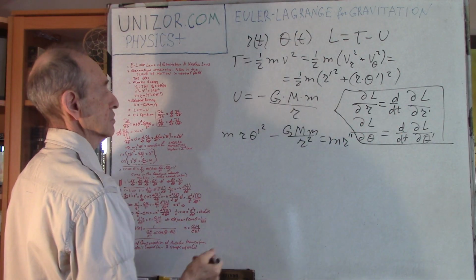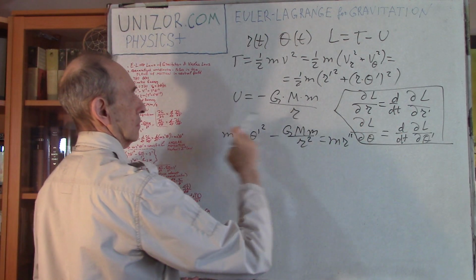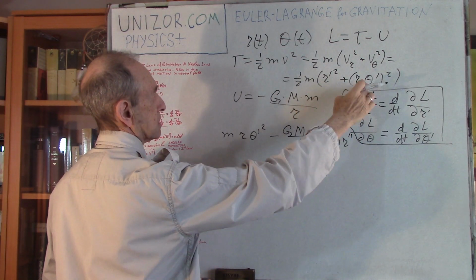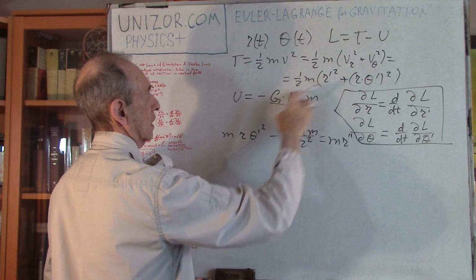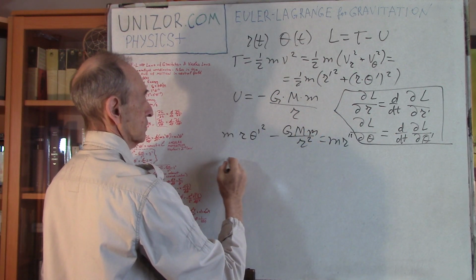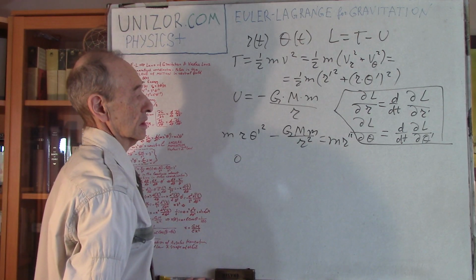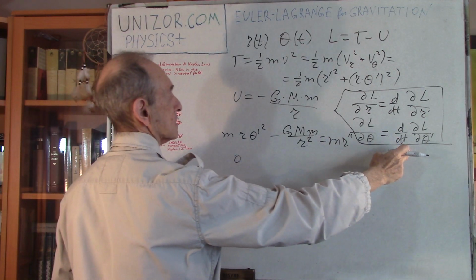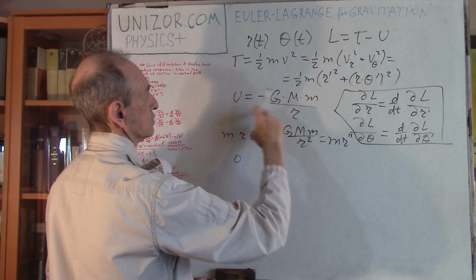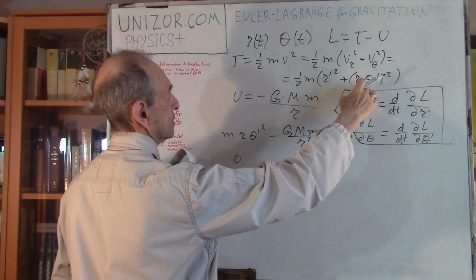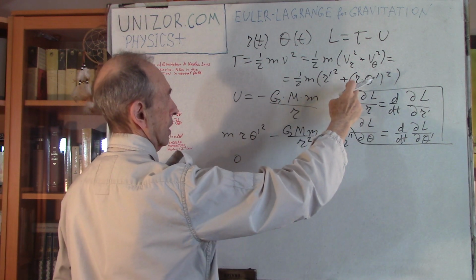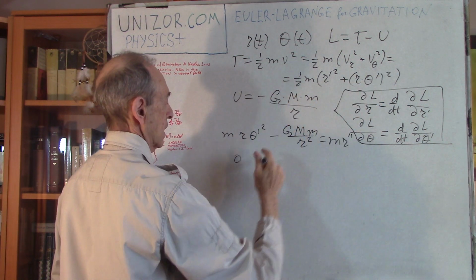My second equation. Okay, by theta. Kinetic energy doesn't really depend on theta, and potential energy doesn't really depend on theta. So we'll have 0 on the left side. On the right side, by theta prime, again, well, potential doesn't depend on theta prime, only this one. So what will it be? r squared will remain.